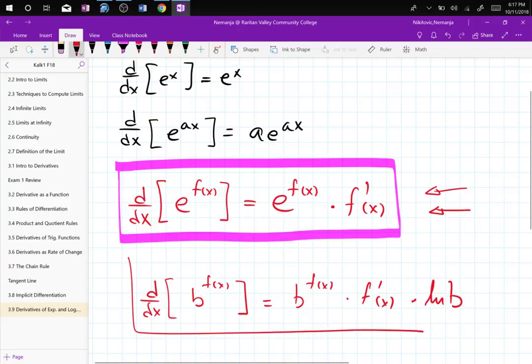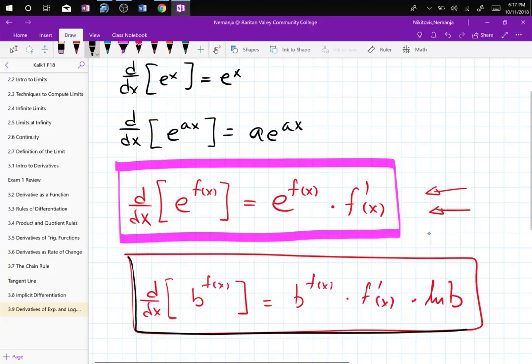Now I'm not going to box this formula with a highlighter, because it's actually rare to see a function like 3 to the x or 3 to the sine x. That's very rare. So this formula you're not going to use that much. But the one on top, you are going to take physics and engineering courses. The top formula is your life.